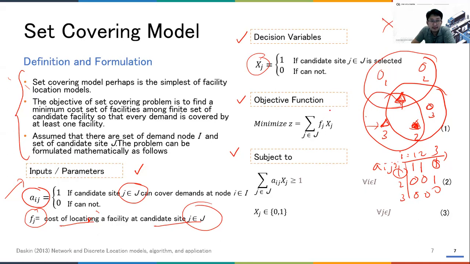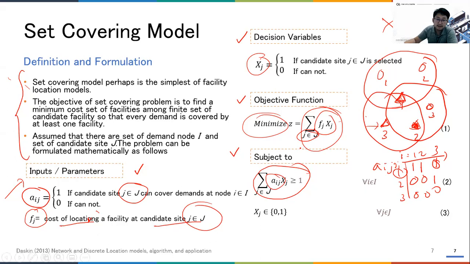Okay, here the objective is to minimize the total of the facilities being opened multiplied by the cost of using those facilities. And then here, you should be using Aij, whether it's covered or not, and xj. This represents that we want to cover all the demand.